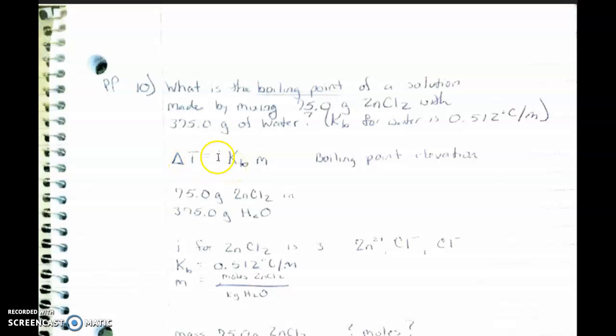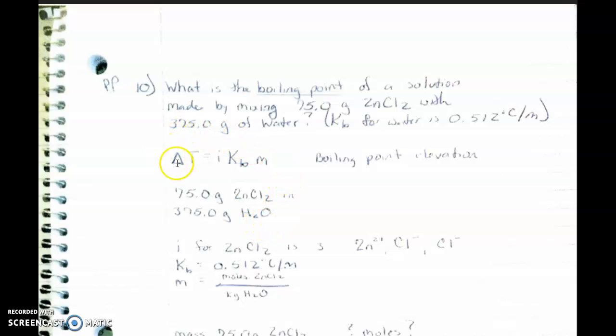And so we have to look at the problem to see what information is in there. So we know the mass of zinc chloride, and that is 75.0 grams of zinc chloride. That's how much we've measured out. And we know we are going to dissolve this 75.0 grams of zinc chloride in 375.0 grams of water.